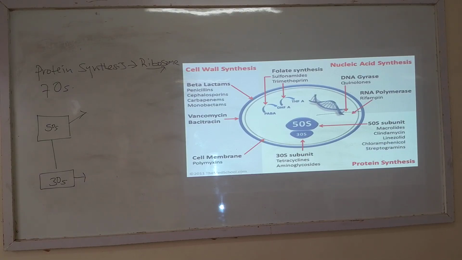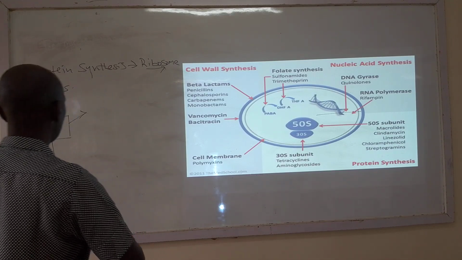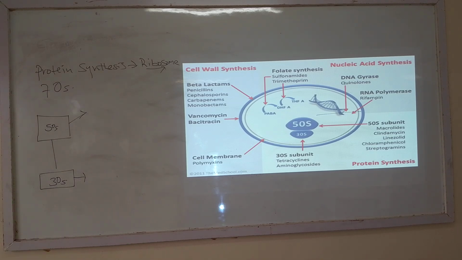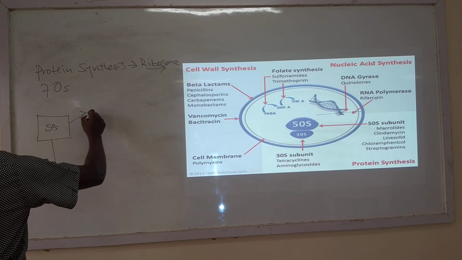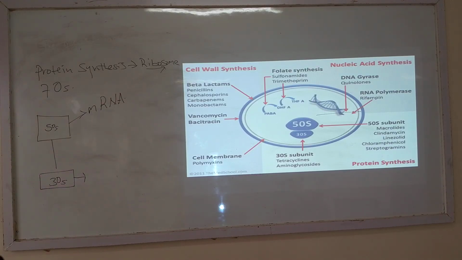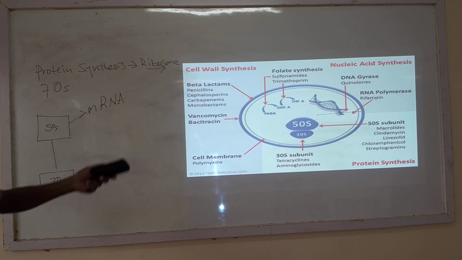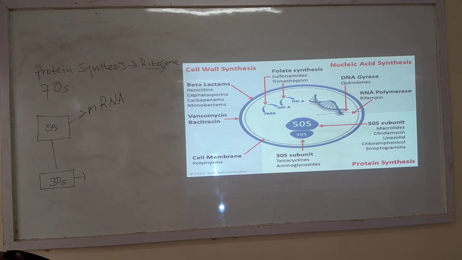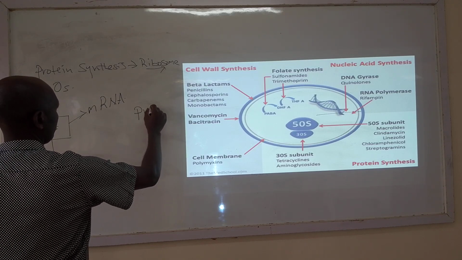So we have antibiotics that bind on the 50S subunit of these ribosomes, rendering the ribosome unable to bind the messenger RNA. Remember, messenger RNA has information from DNA which is supposed to be used by the ribosome to produce proteins.